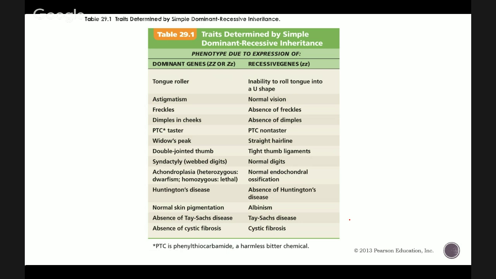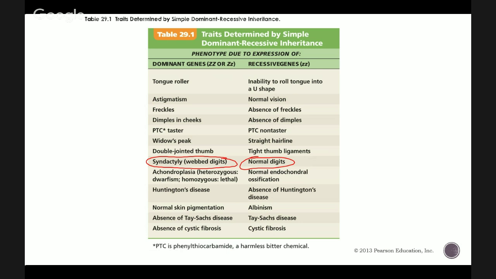But anyway, for example, it's not on here, but the dominant allele is actually for more than 5 digits. The recessive actually is the normal number. Same thing with webbed digits. Recessive inheritance pattern is normal digits. So if you inherit the dominant allele, then you'll have webbed digits.